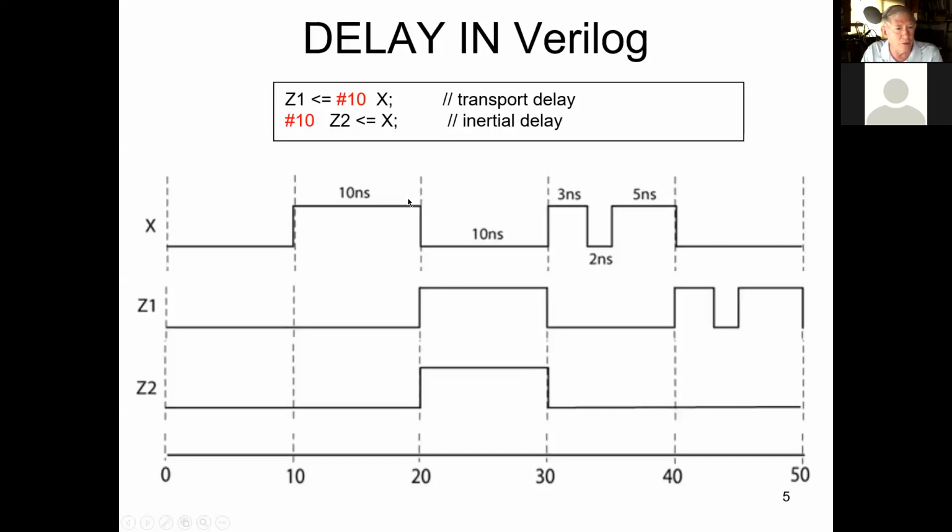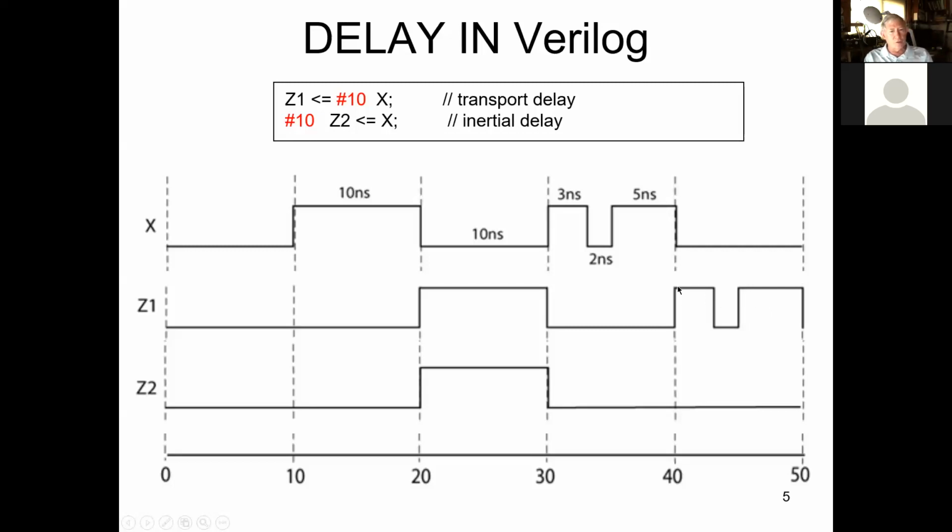And the same for Z2, which is the propagation delay. But in the case of the second pulse, we have a little 2 nanosecond pulse in the middle that is not propagated in Z2, the inertial delay, but it is propagated in the transport delay because the transport delay doesn't filter anything out.